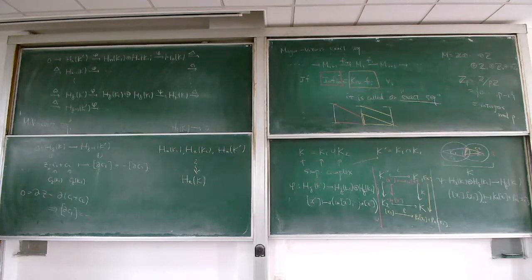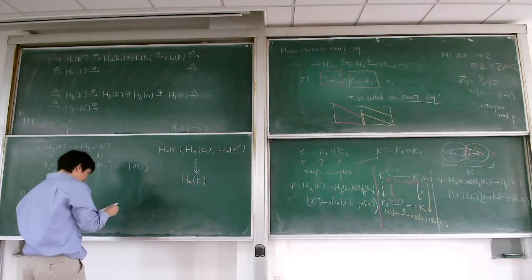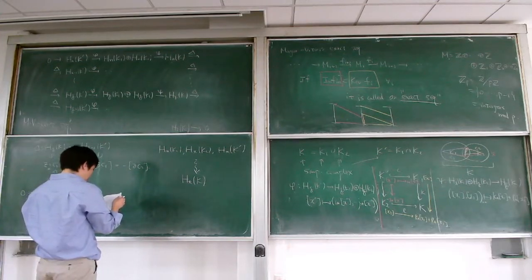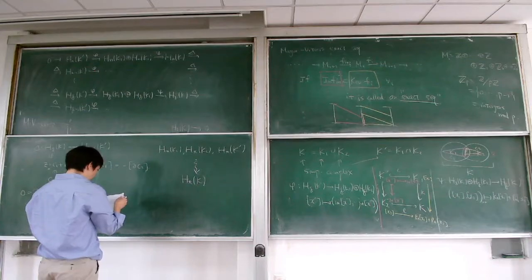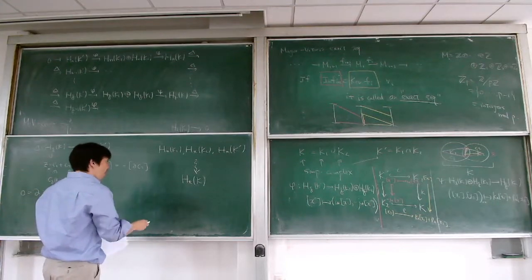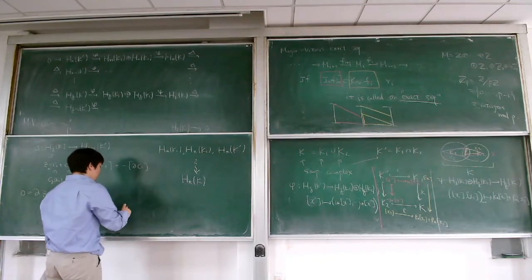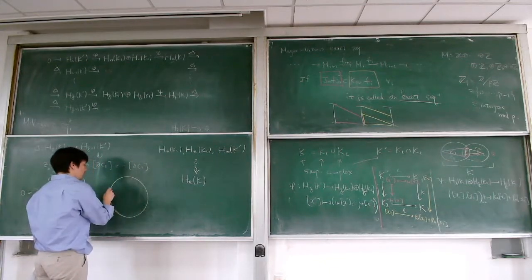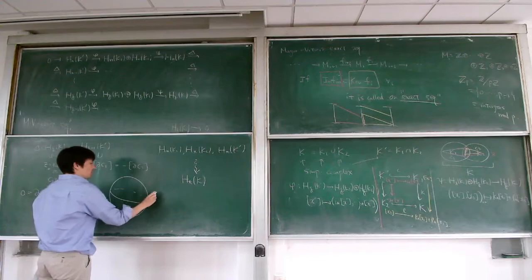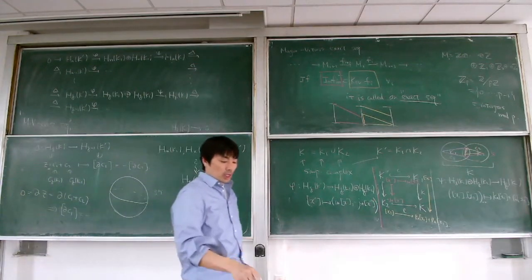And let's compute. So let's compute this Mayer-Vietoris exact sequence, the homology. So we know that this Sn can be decomposed into two disks.